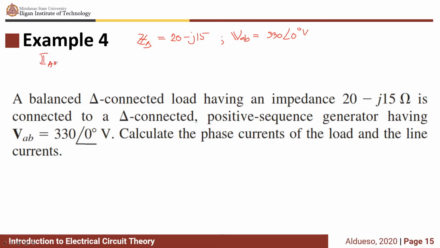Phase current IAB is equivalent to VAB over Z delta, equivalent to 330 over 20 minus J15, which is equal to 13.2 angle 36.87 amperes.